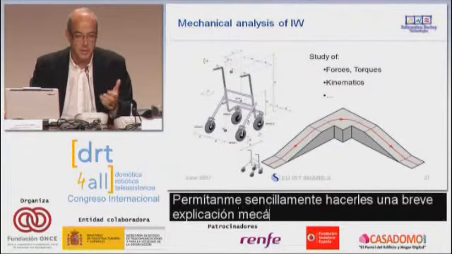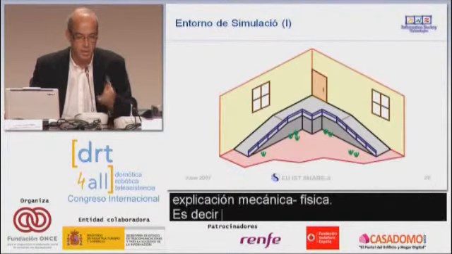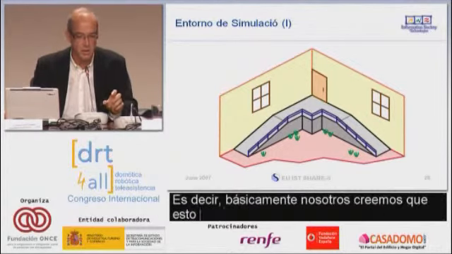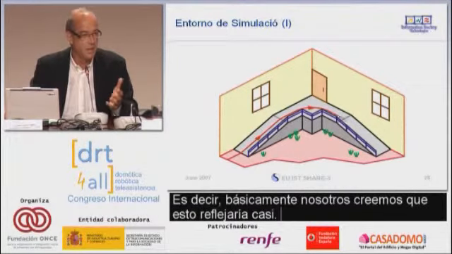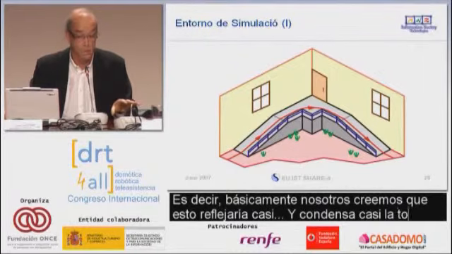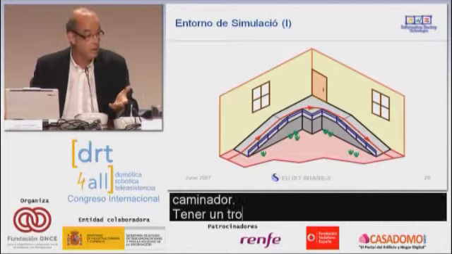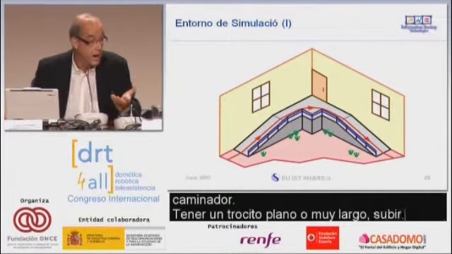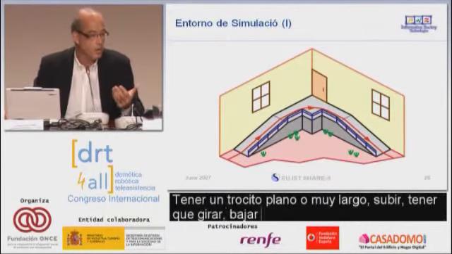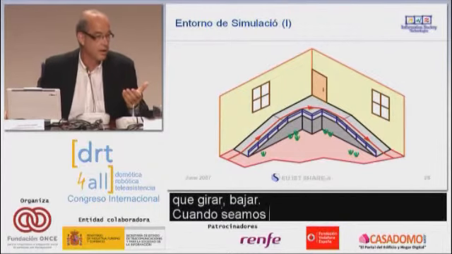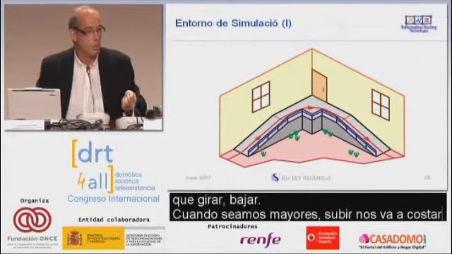Just a brief mechanical explanation about this. We believe that this reflects the totality of any displacement with a walker. A flat surface, having to go uphill, downhill, turning. When we grow older, uphill is more difficult.